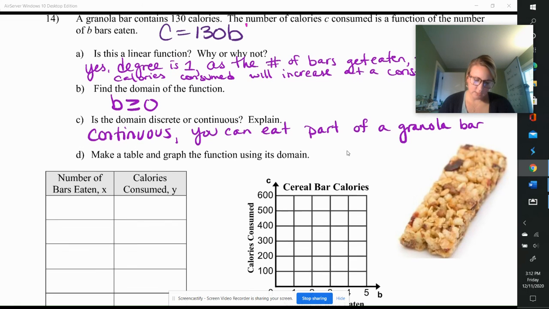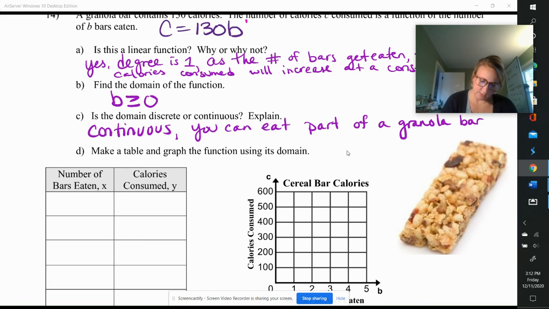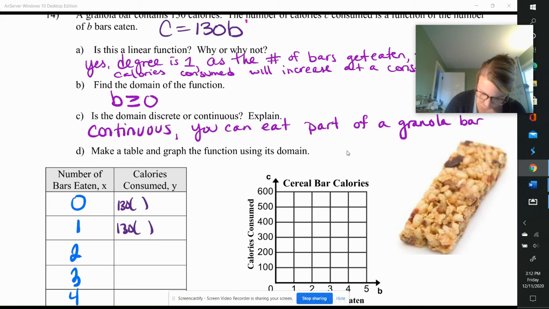So let's use those same values in the domain. Let's say we want to eat 0 granola bars, 1 granola bar, 2 granola bars, 3 granola bars, 4 granola bars. And we're going to use the function c equals 130 times b to find out the number of calories consumed.